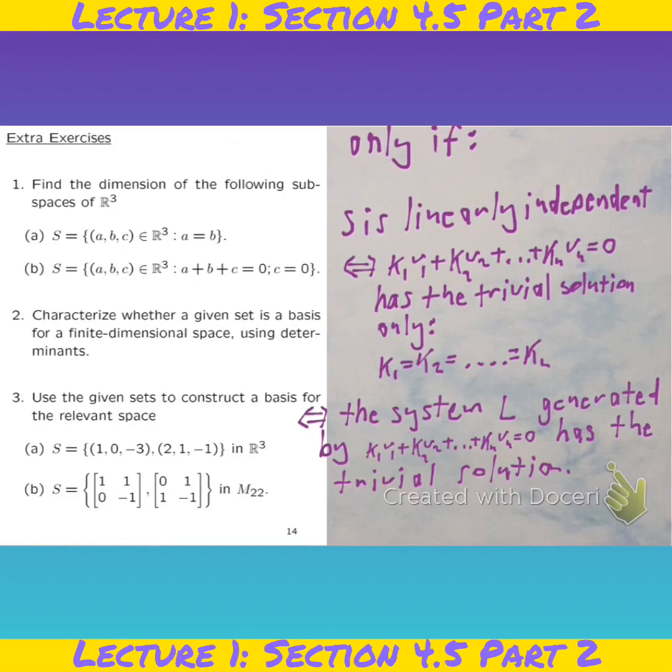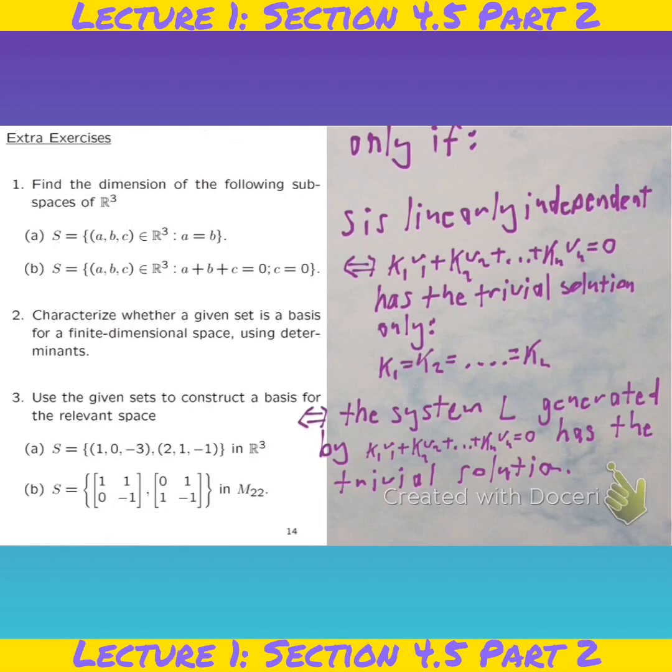So remember, from here you're going to get a linear system of equations with unknowns and a certain number of equations, and you're going to solve that system. And if that system has only the trivial solution, then it's linearly independent.